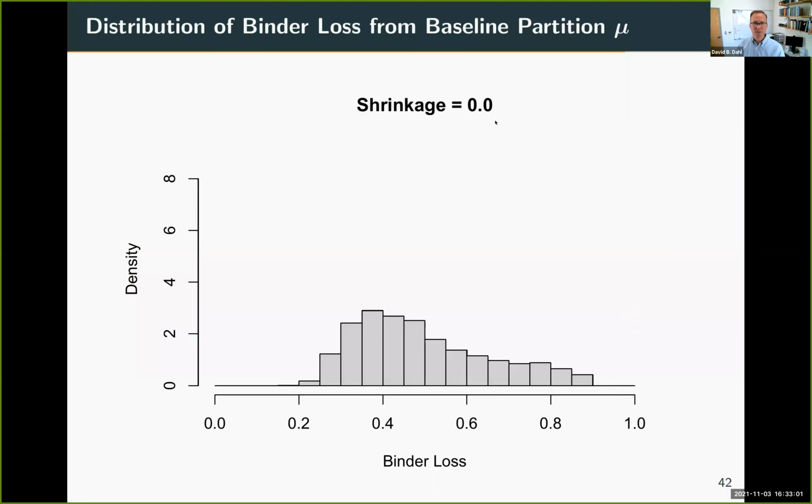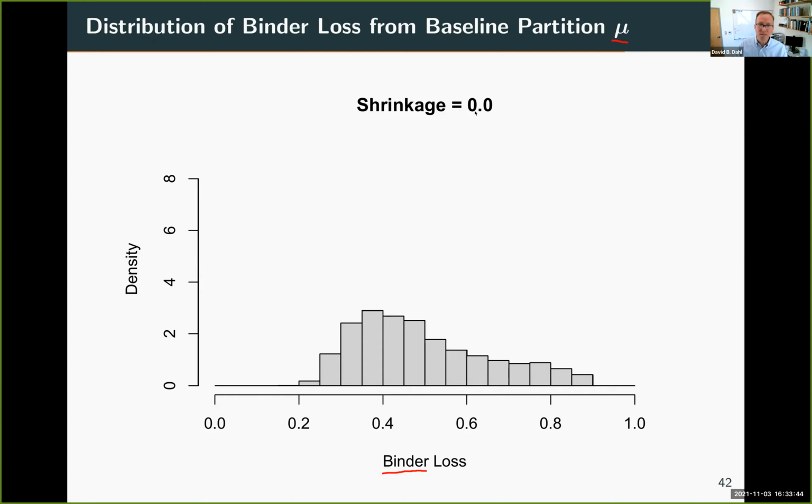So when the shrinkage is equal to 0, then the shrinkage partition distribution is the same as the baseline partition distribution. And we could compute the distribution of distances of partitions from the shrinkage partition distribution with shrinkage at 0 to the baseline partition mu. And this is the probability mass function of the distribution of different distances, as measured by Binder loss, of draws from the shrinkage partition distribution with shrinkage at 0 from the baseline partition.